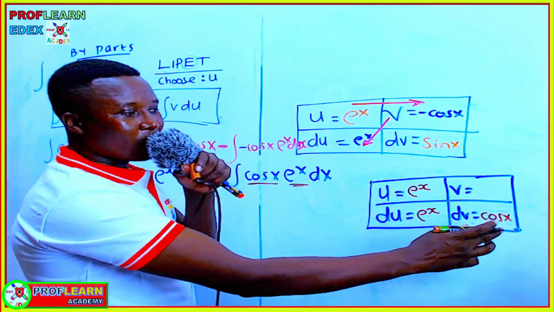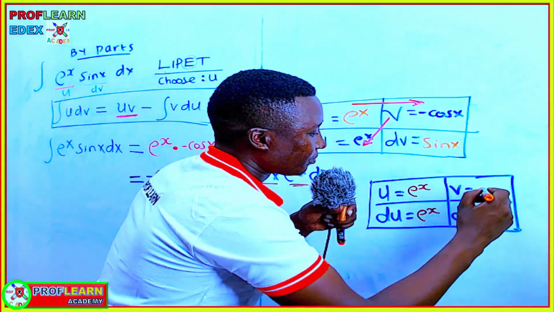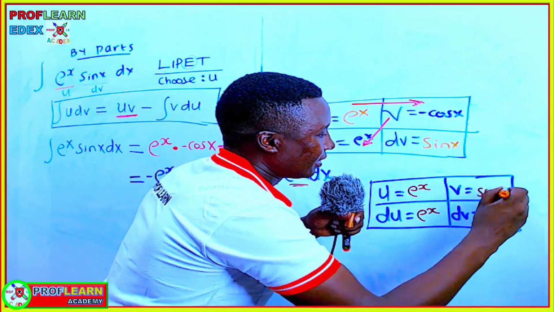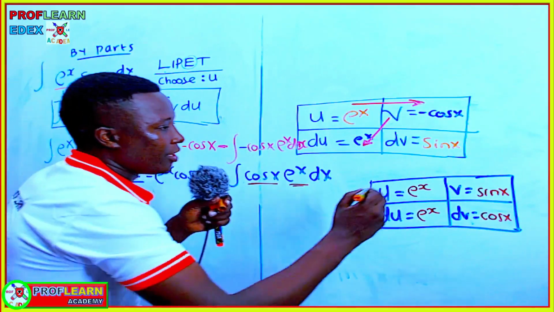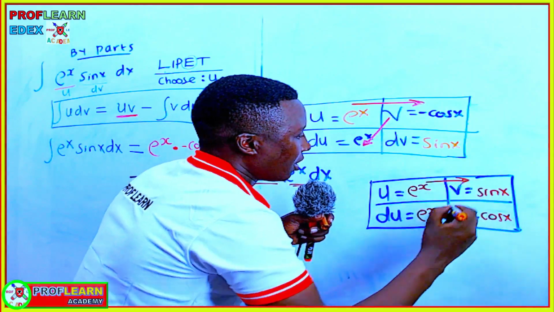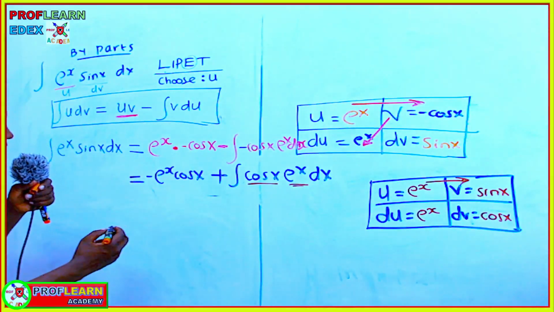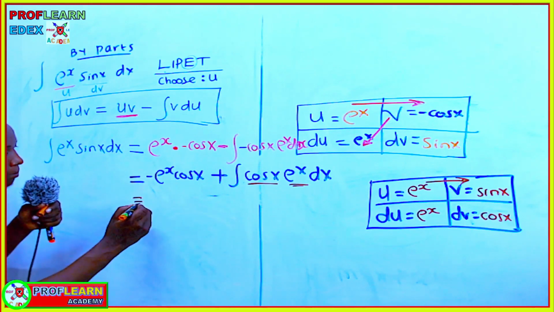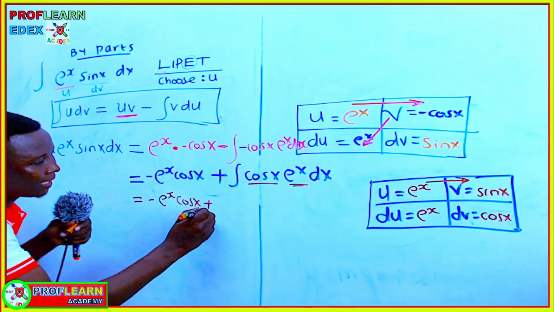And if we integrate this to get v, we are going to get sine x at that given point, right? So if we multiply across, we are going to get e to the x sine x. So this is going to be minus e to the x cos x plus.